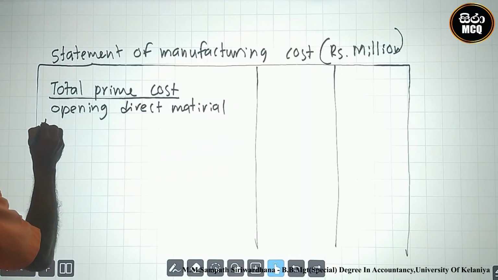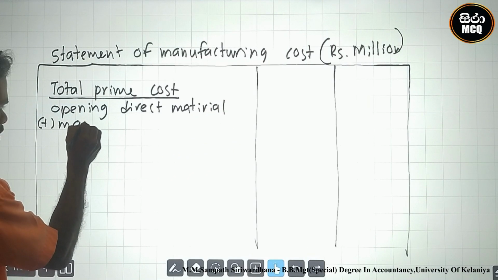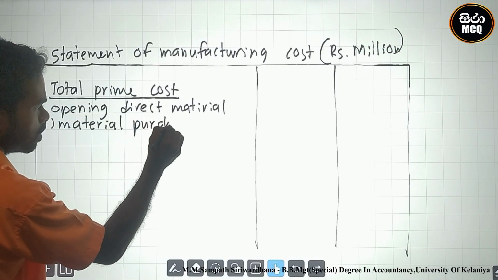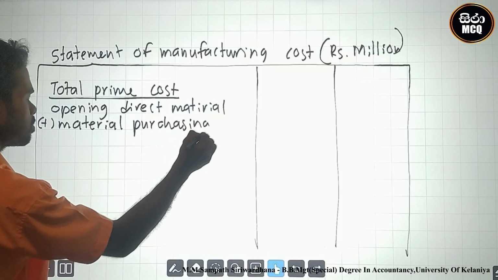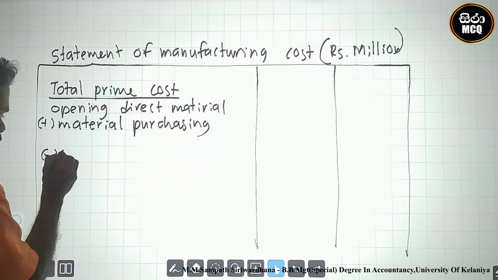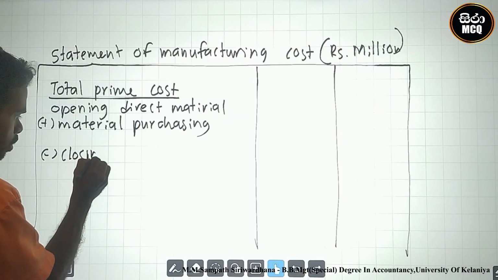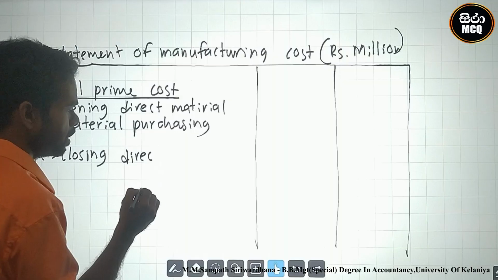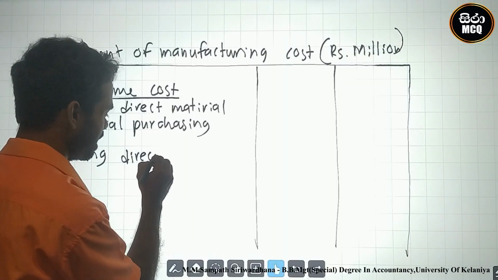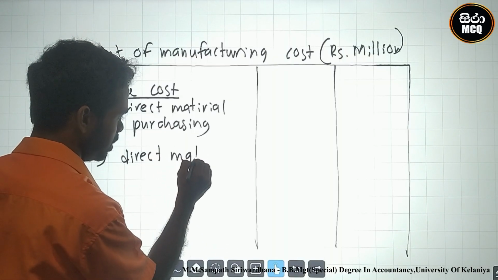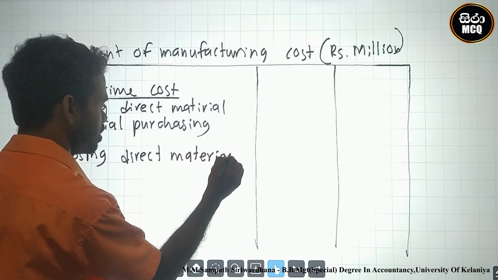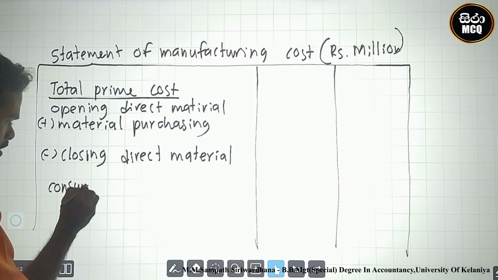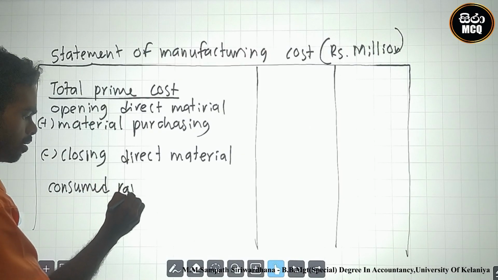we add material purchasing. After that, we deduct closing direct material. Direct material means raw materials, no? After that, we can calculate the consumed raw material.